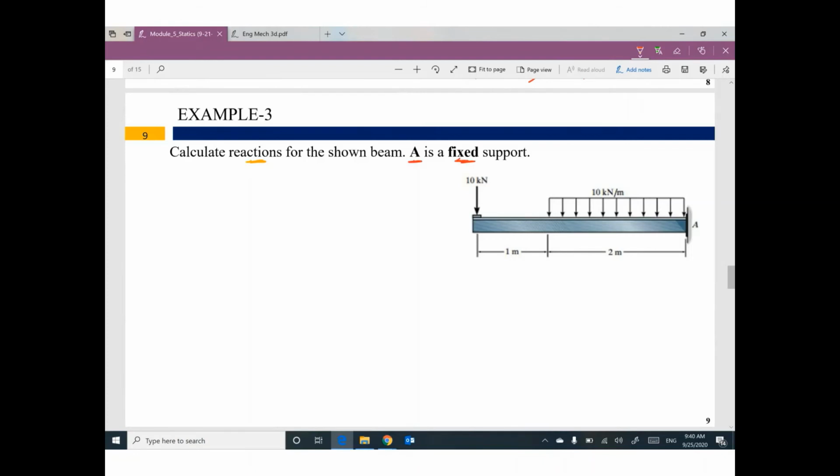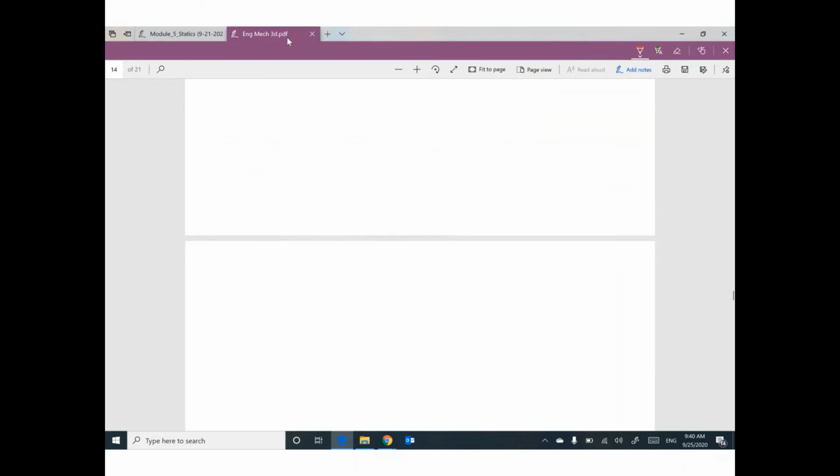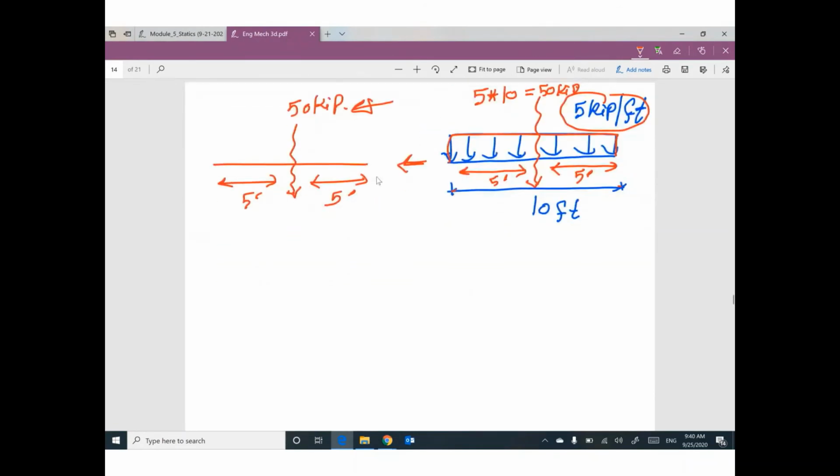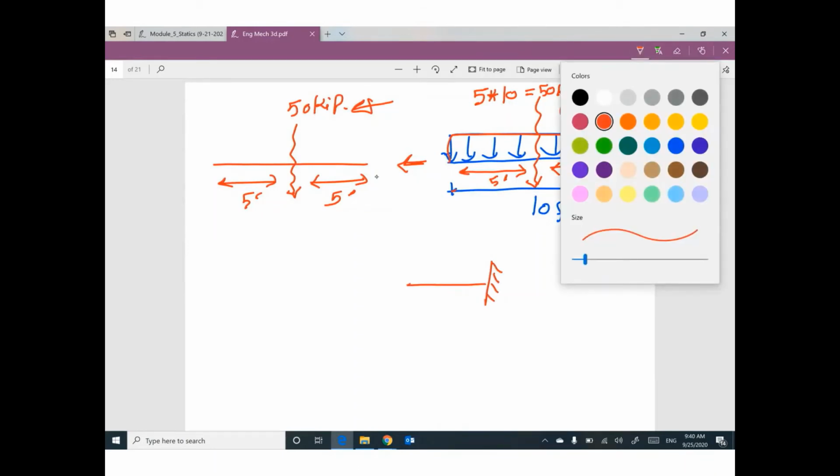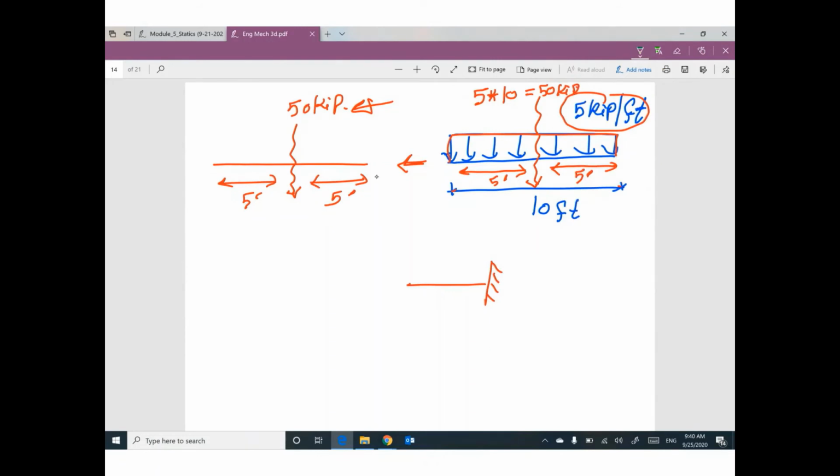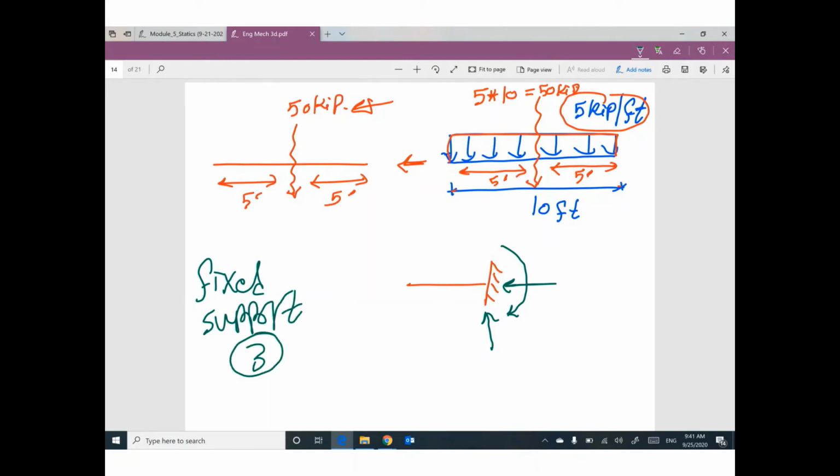Guys, do you remember if you have a fixed support, how many reactions do you have? 3? Yeah, I think 3. 1 vertical, 1 horizontal, and 1 moment. So if you have a fixed support, we have 3 reactions, 1 vertical as a force, 1 horizontal as a force, and 1 moment.